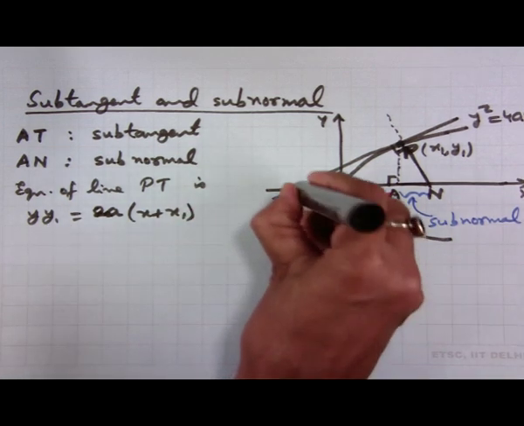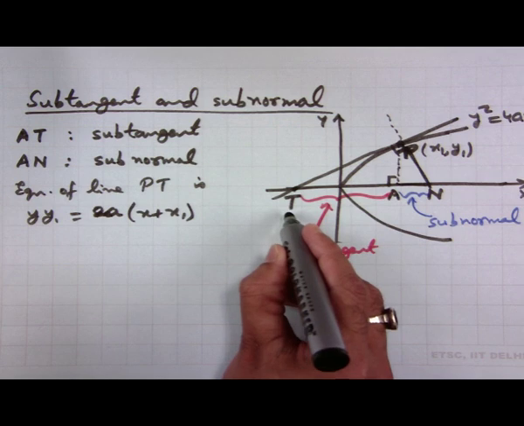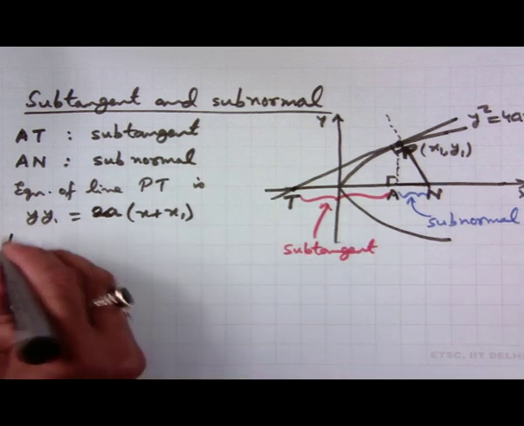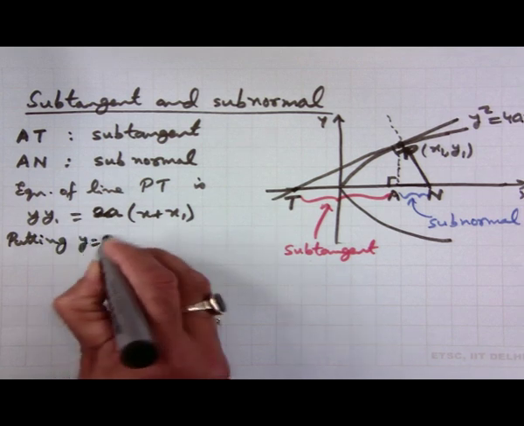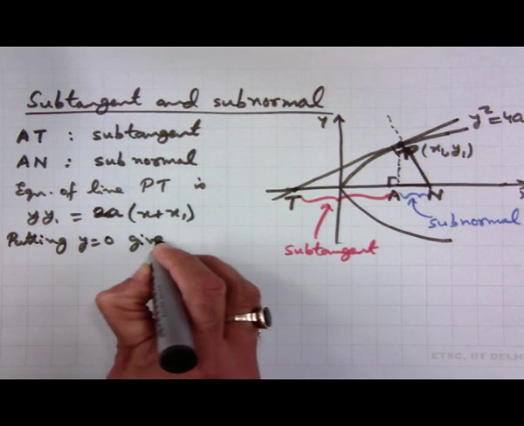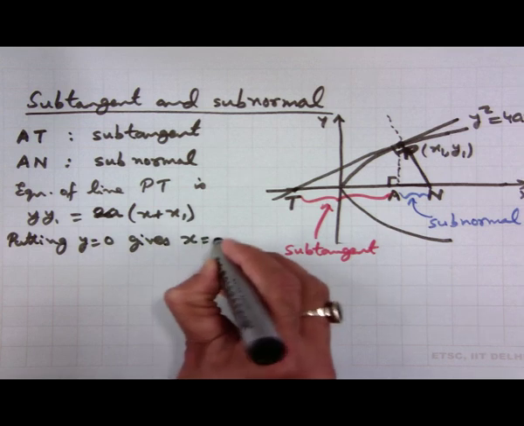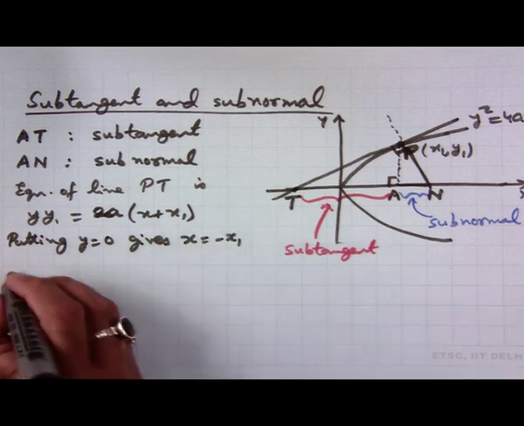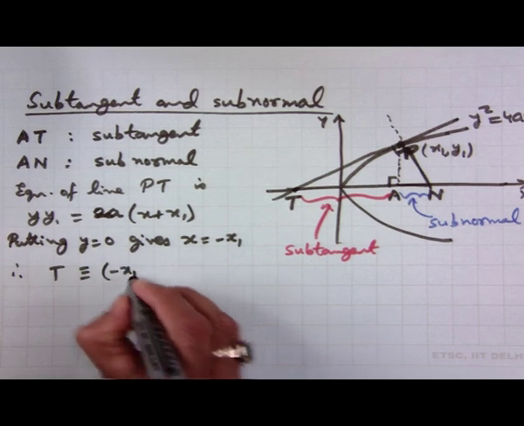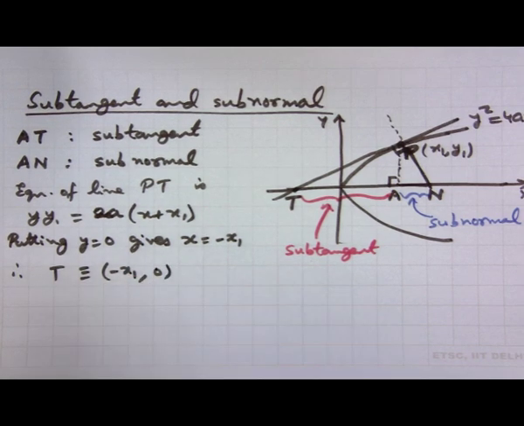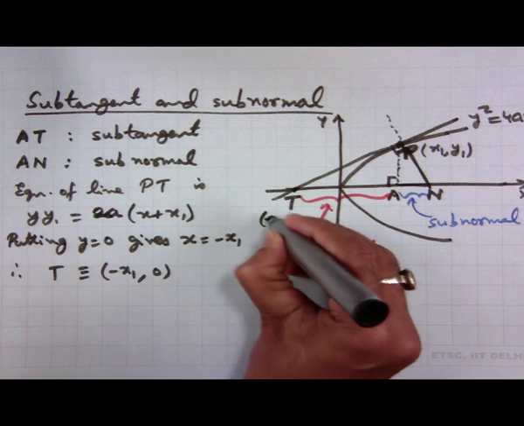So, the coordinates of T can be obtained by putting y equal to 0, which gives x equal to minus x 1. So, therefore, T is the point minus x 1 comma 0.